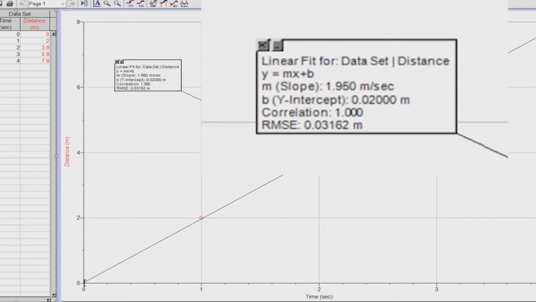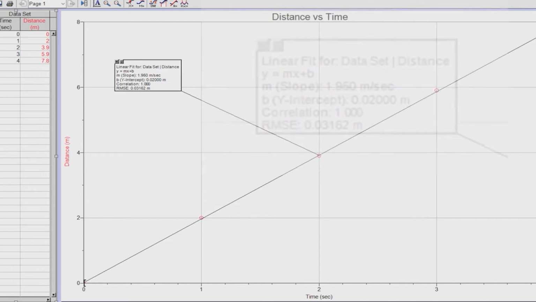So that slope is my velocity, which is, of course, 1.95 meters per second, to be more specific. So the slope is what we are looking for. How fast am I walking? On the average, 1.95 meters per second.